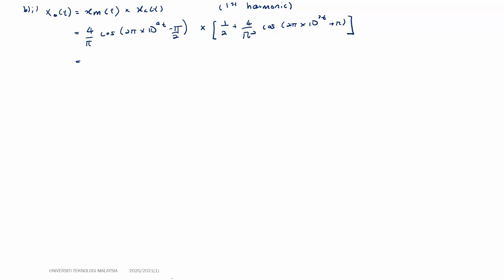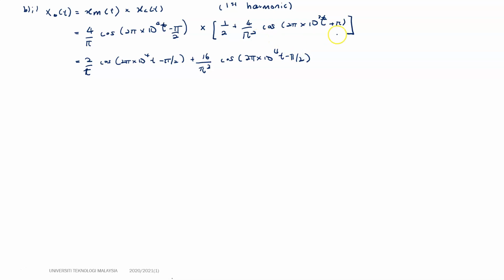It becomes 4 over pi multiplied by 1 over 2, which is 2 over pi, cosine of 2 pi times 10 to the power of 4 t minus pi over 2.